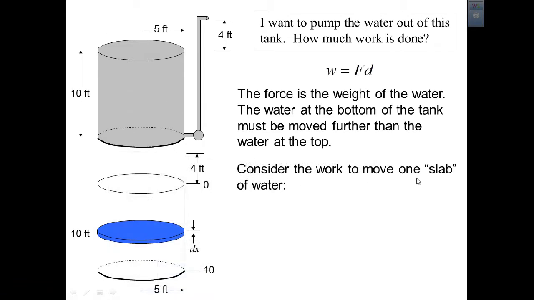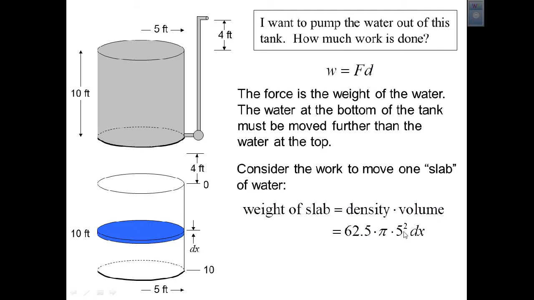All right, so consider the work to move one slab of water. The weight of the slab equals the density times the volume. Well, the density of water is 62.5, and then our volume is going to be pi times 5 squared, the radius of the tank, times dx, the thickness of this slab we're talking about.